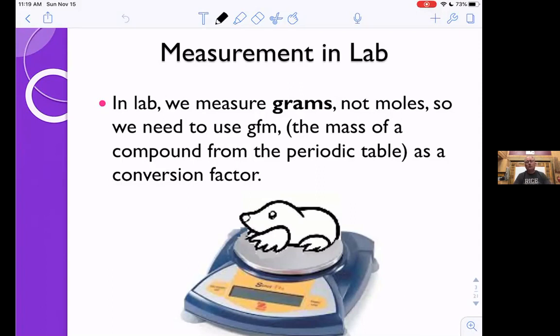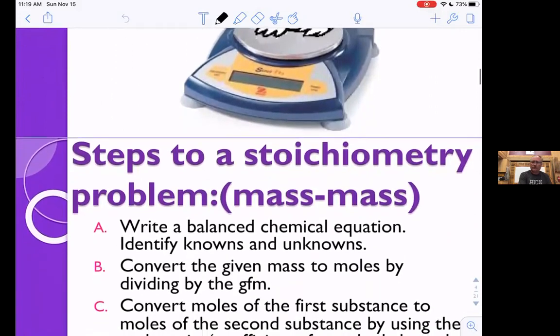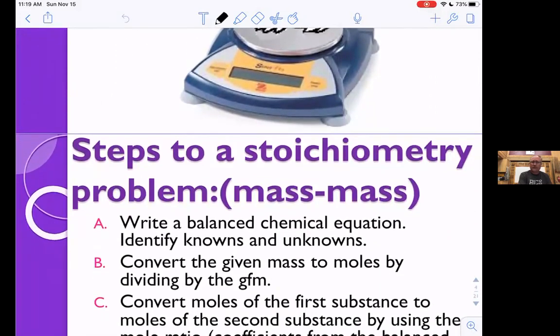So we're going to use molar mass, at least in laboratory situations, to actually calculate what we need. We could do the same thing with volume if we had a way to measure volume. But you can't just measure moles using a graduated cylinder or a balance. Experimentally, that is not possible.